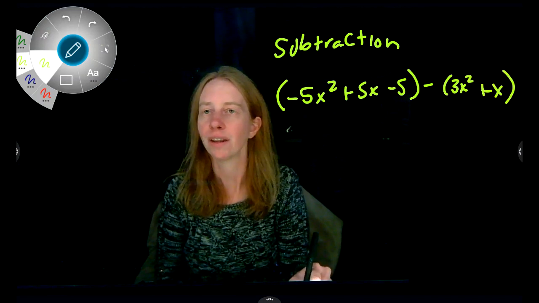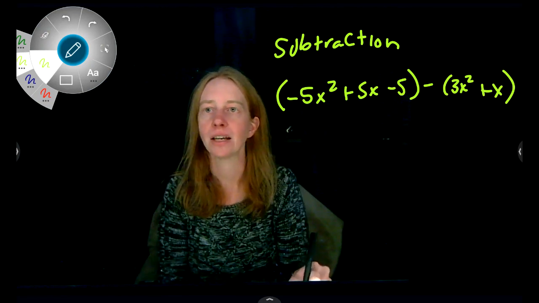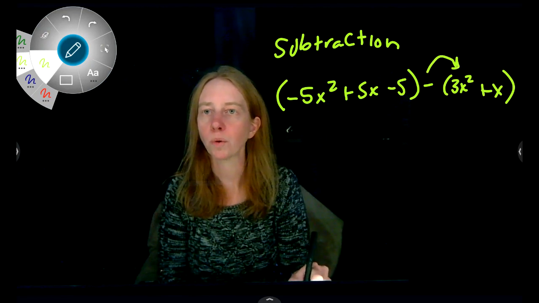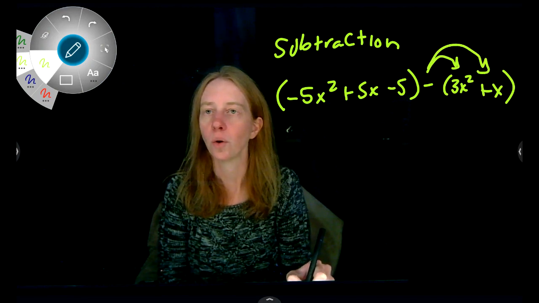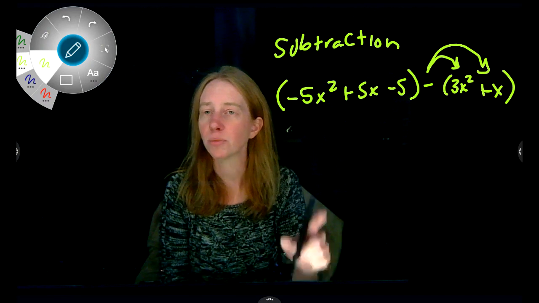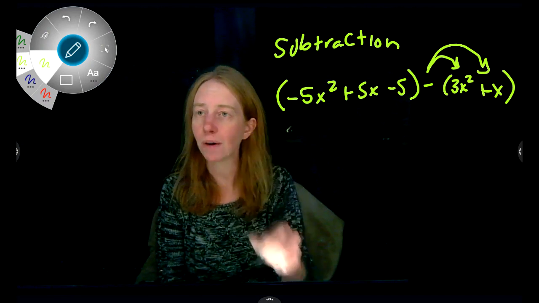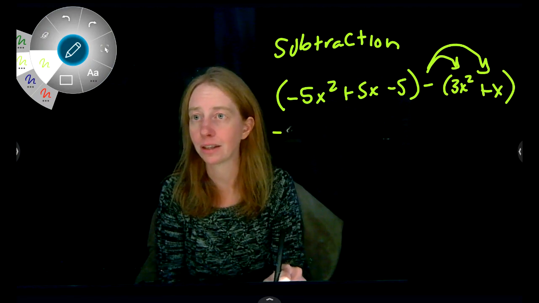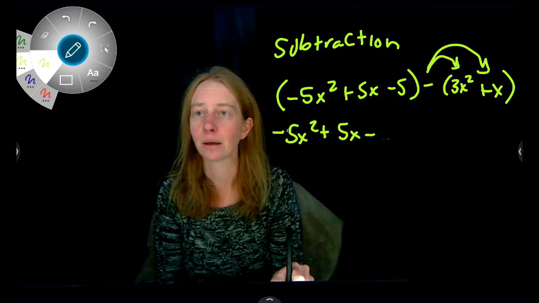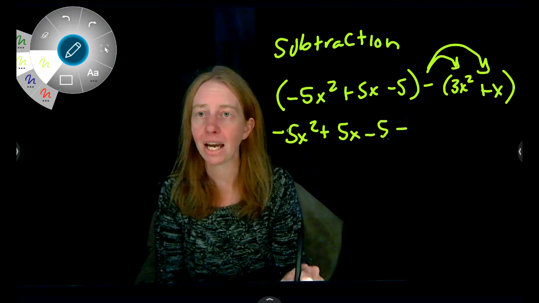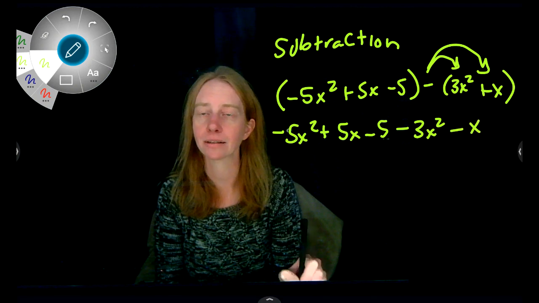Okay, now the special thing about this negative is that that negative is really attached to both the 3x squared and the x. Okay, so when you're combining like terms, you really need to make sure that you've got that straightened out. So I'm going to rewrite this equation without the parentheses. So we've got negative 5x squared plus 5x minus 5 minus 3x squared minus x.